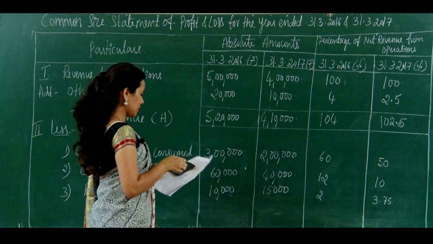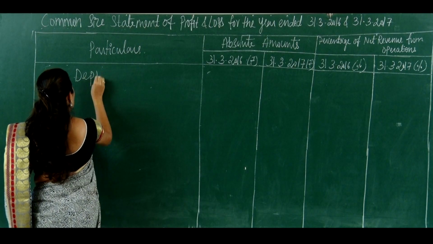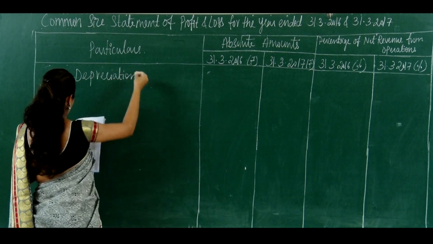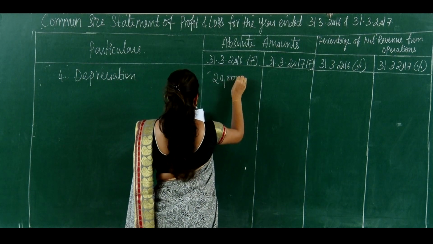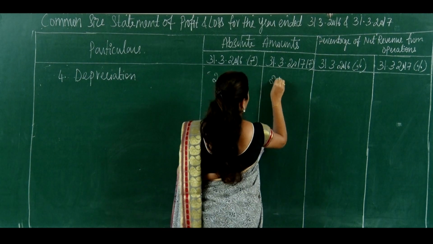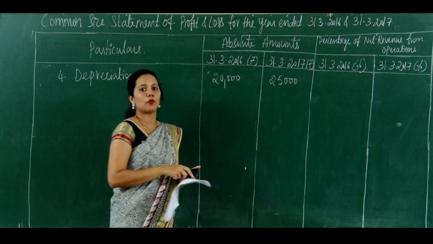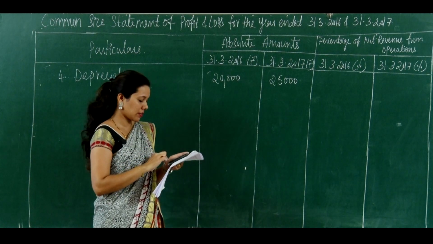The next expense will continue, depreciation. First year 20,000, next 25,000. So, convert this amount into percentage. For the first column 5 lakhs is the base.